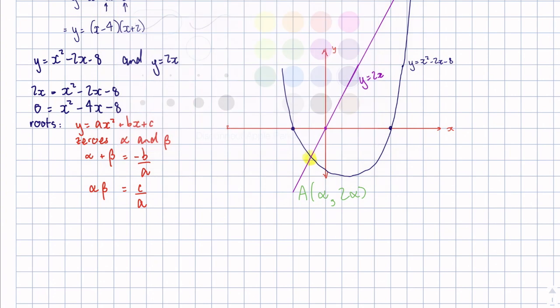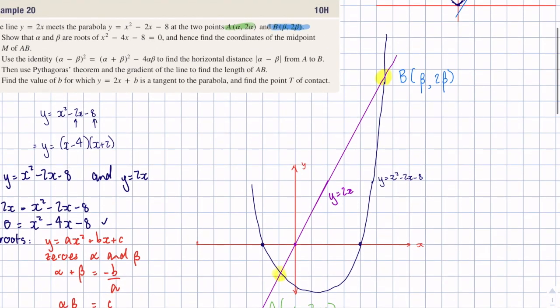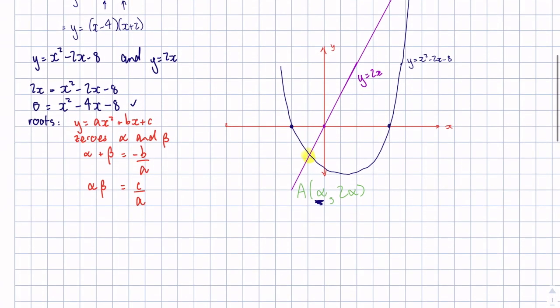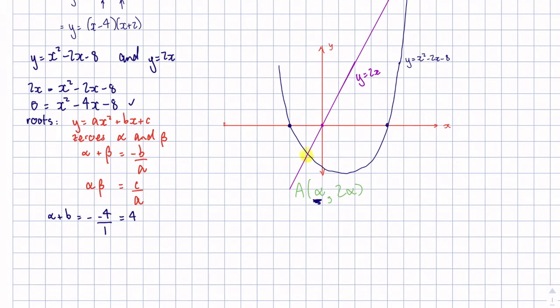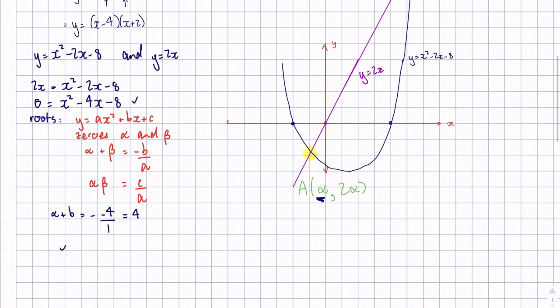And these roots are literally the values of x for which this happens, which is going to be alpha and beta. So we can now say alpha plus beta equals minus negative 4 on 1 for our example, which is 4. And we also know alpha times beta equals c on 1, which is negative 8 on 1, which is just negative 8, yeah?